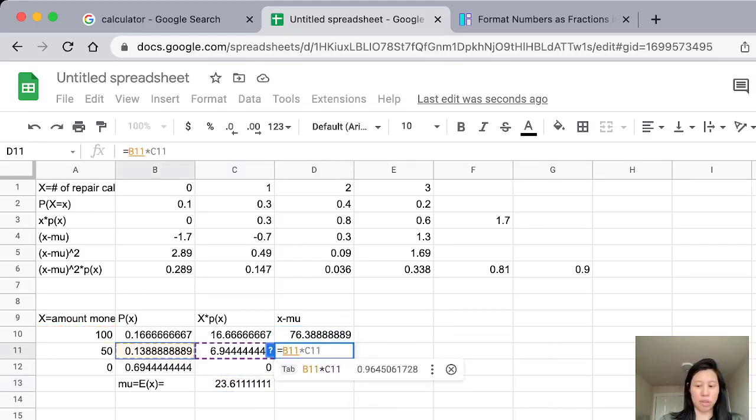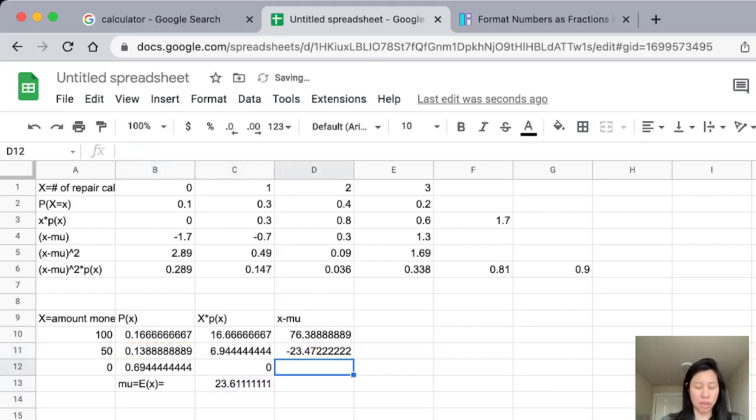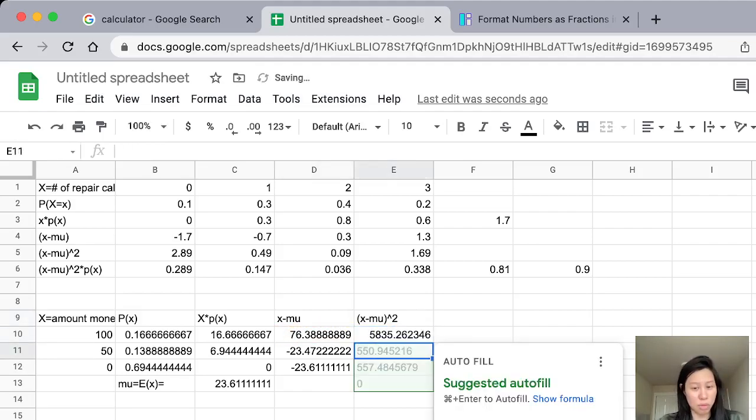This number subtract our mu. Also, this one equals 0 subtract our mu. Okay, so the next thing is we want to square them. So how to do it is equals this number squared. This one we can autofill.